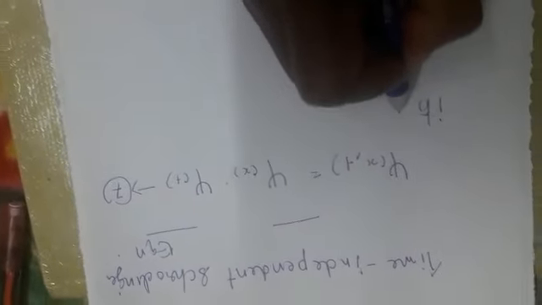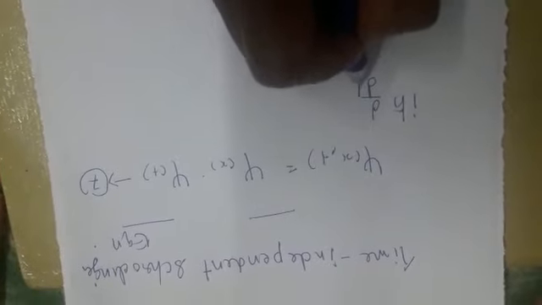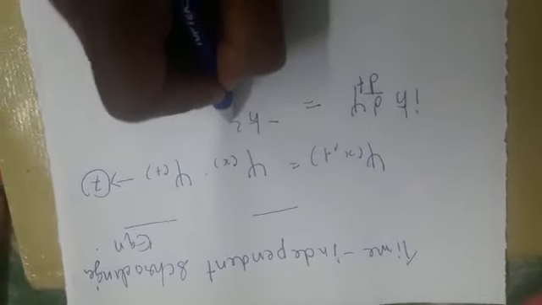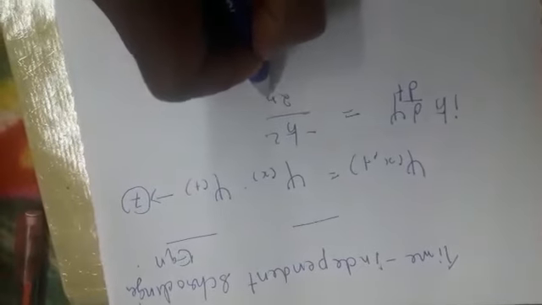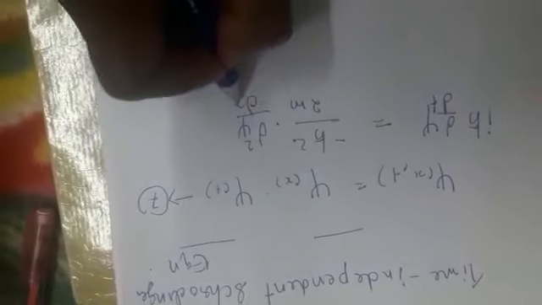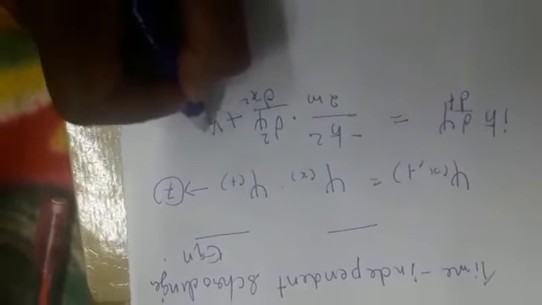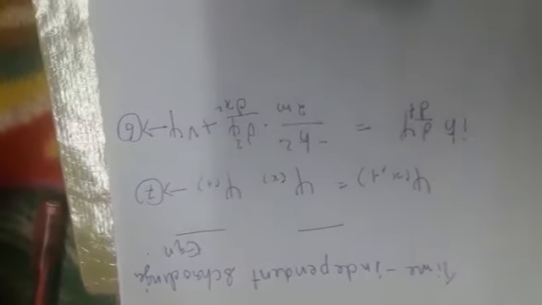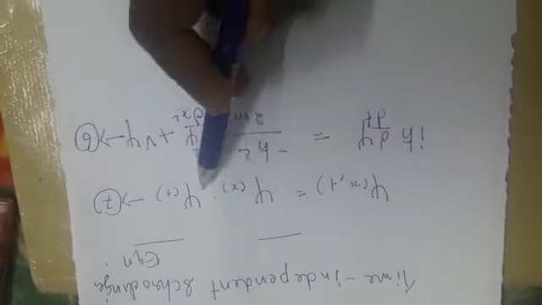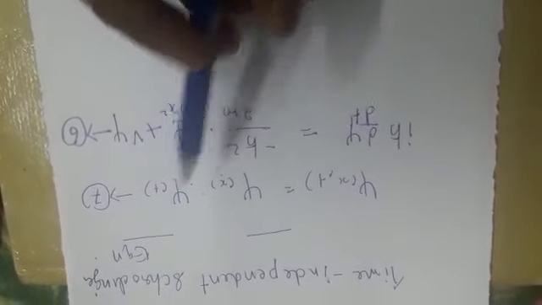i ħ ∂ψ/∂t = -ħ²/2m ∂²ψ/∂x² + Vψ. This is the time-dependent equation, equation number 6. Here, instead of psi, substitute this value, psi of x into psi of t.